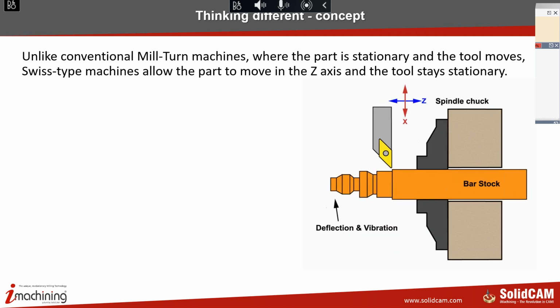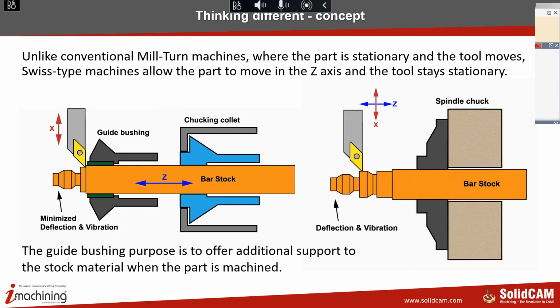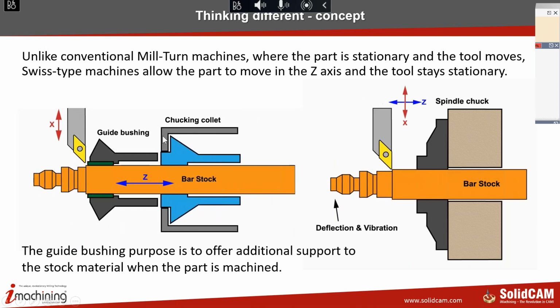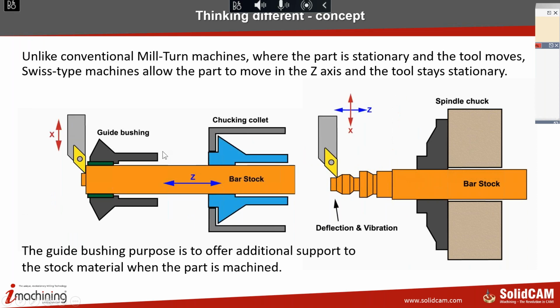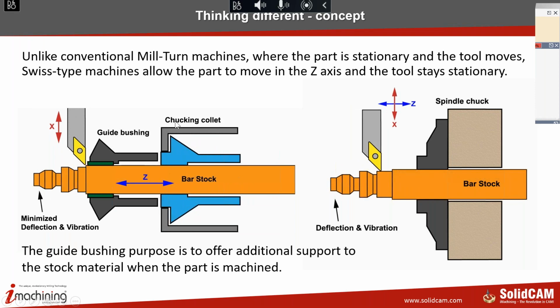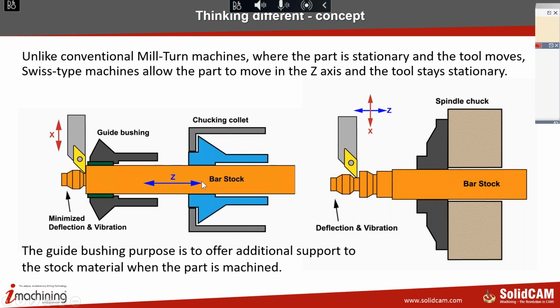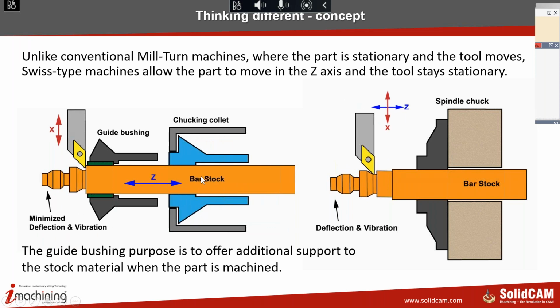The Swiss type concept is a bit different. As you can see here, these are the main elements of every Swiss type machine. It consists of the chucking collet, which I also call the chucker, which holds the bar and moves it along the Z-axis.